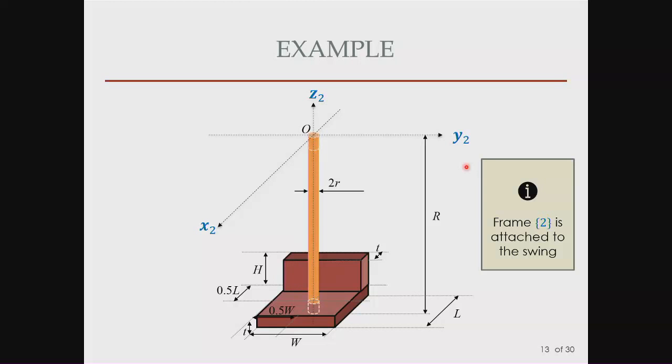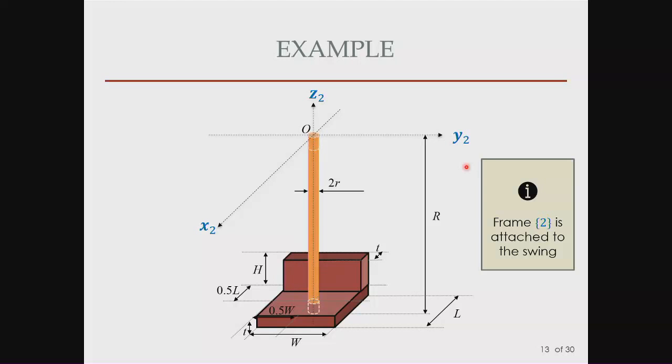For each of these parts, we are going to calculate the inertia tensor about the center of mass of that part, and then use the parallel axis theorem to move from the center of mass of that part to point O, and then point O being a common point, we are going to add all of these parts.